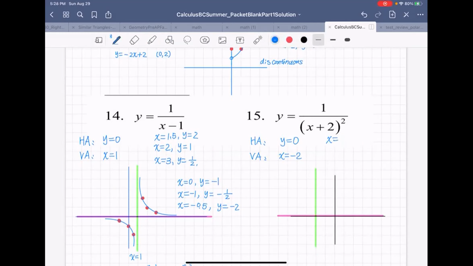Okay, say x equals 0, y equals 0.25. Wait, no. Wait, yeah, sorry, 0.25. That's good. And x equals -1, y equals 1. Very good.